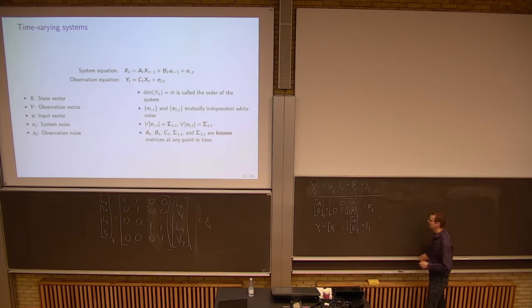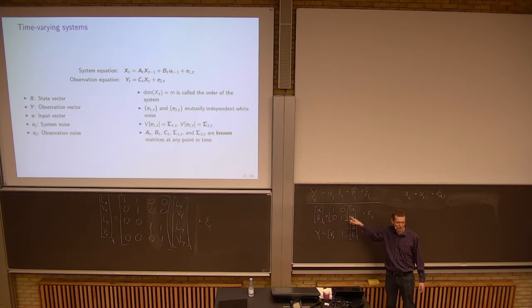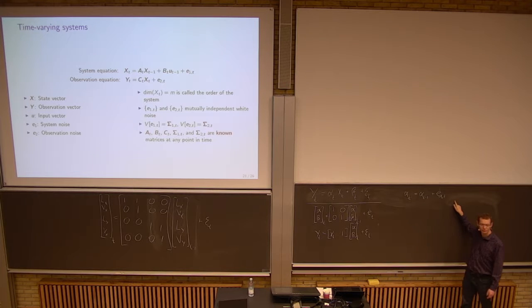Let me just rewrite for the alpha. Basically what it says there is alpha t equals alpha t minus 1 plus, I call it e alpha t. That's basically what it says here, right? Likewise for beta. So what is this process?